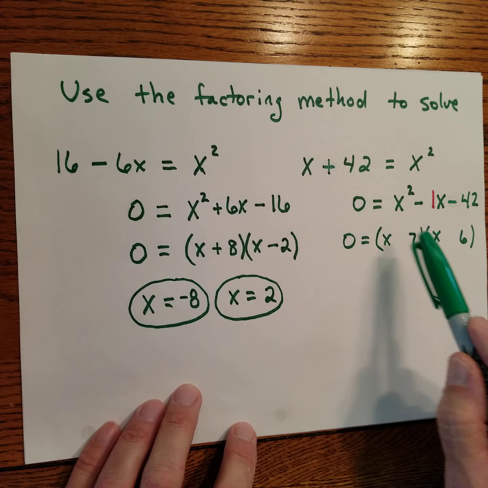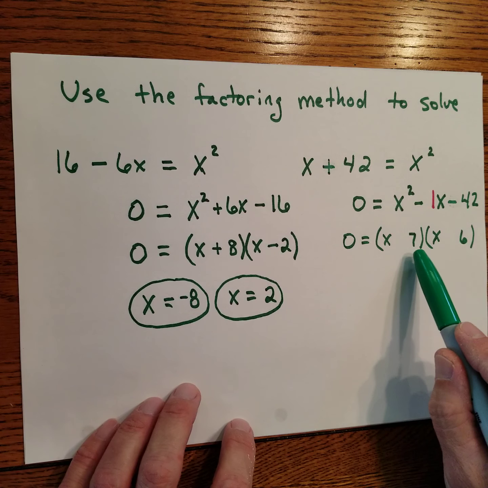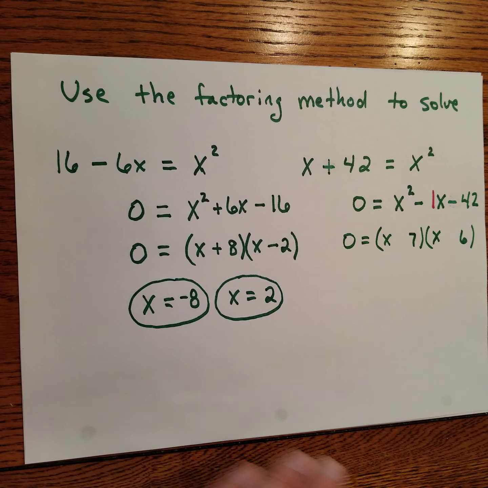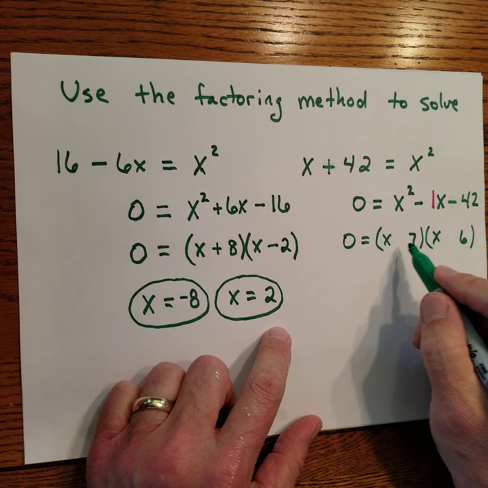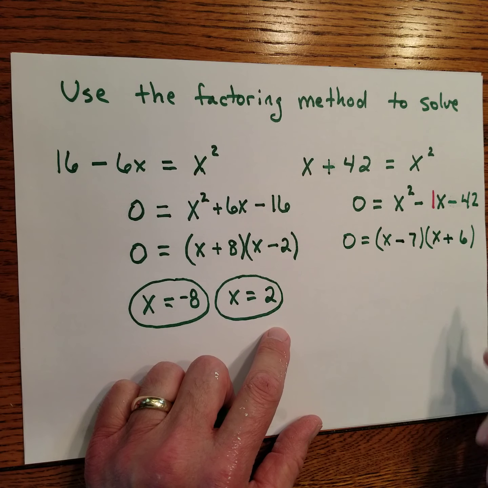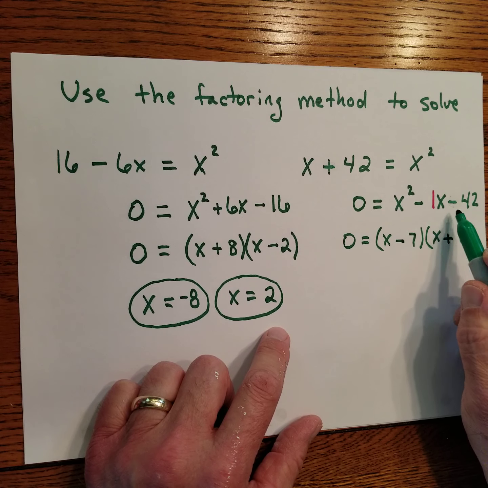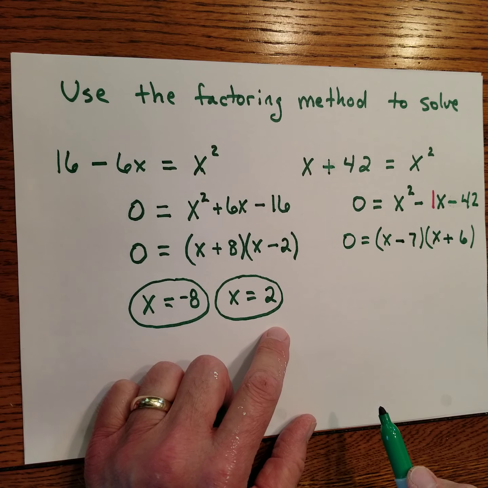Isn't it great how my mistakes can just go away? Now we're set. Two numbers that multiply to 42 are 7 and 6. 7 and 6 will combine to negative 1 if I make the 7 negative and the 6 positive. They'll also multiply to this negative 42 because I'm multiplying a negative times a positive.